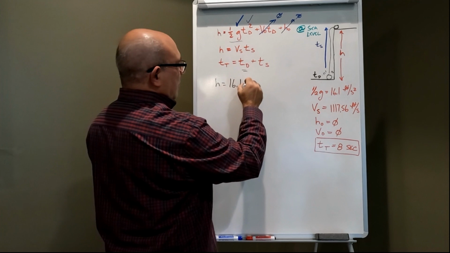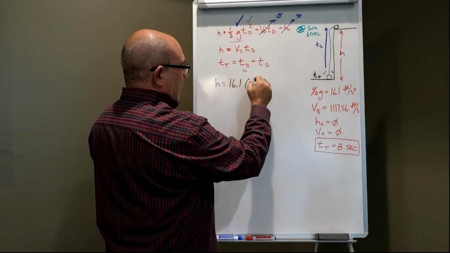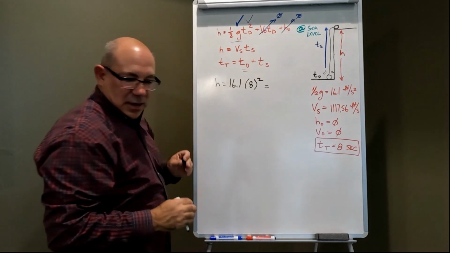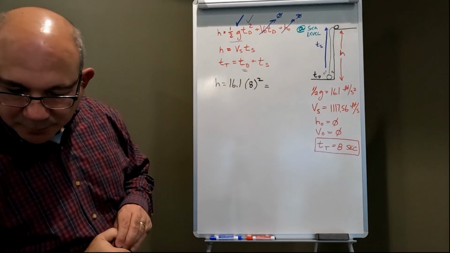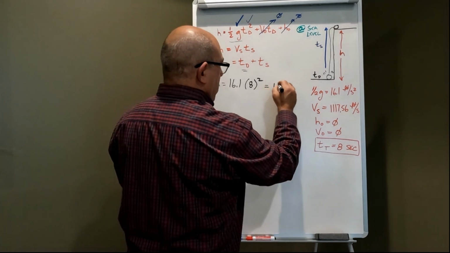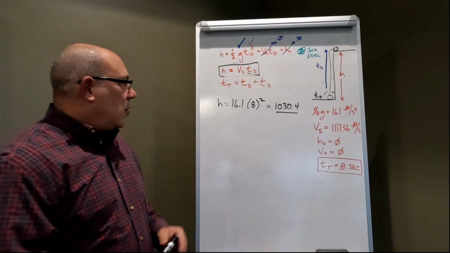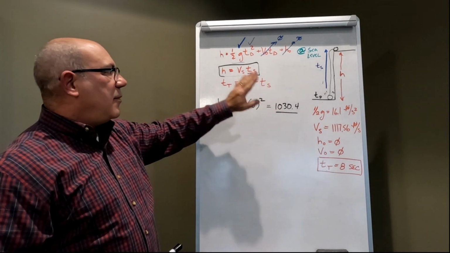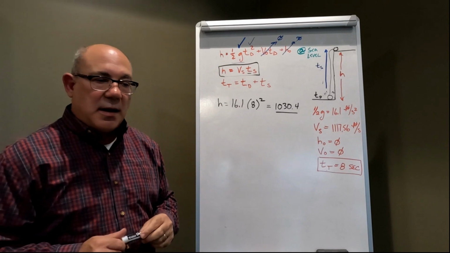And so that is going to be times 8 squared. Okay, everything else zeroed out. And that's going to come out to be, let's see, 1030.4. So we've got our first round of an answer for the initial height, but that's ignoring the time for sound.